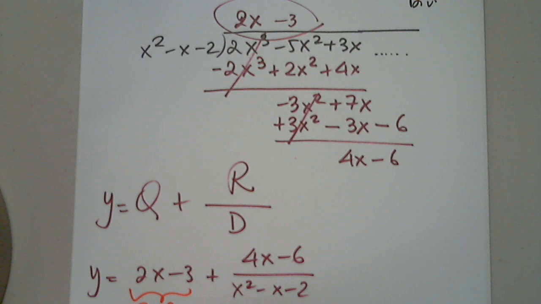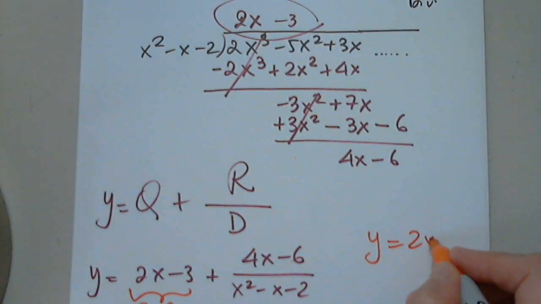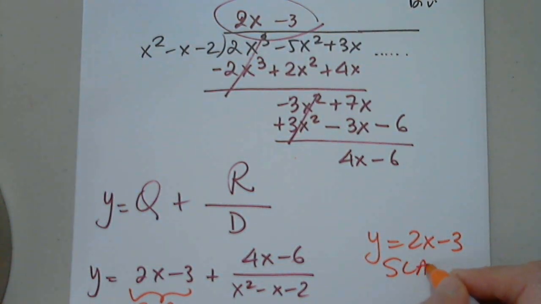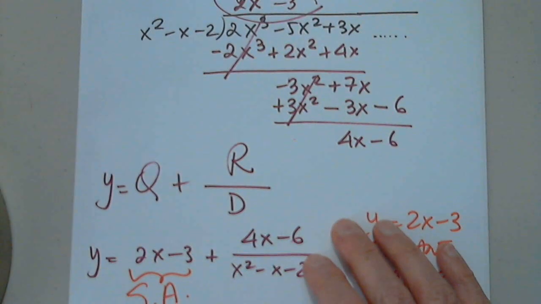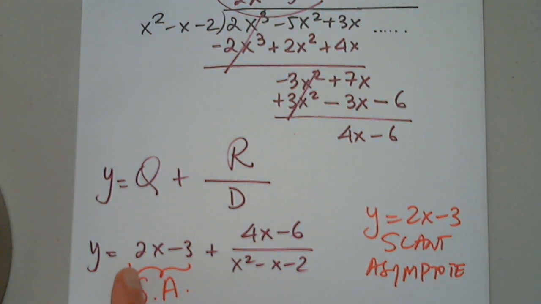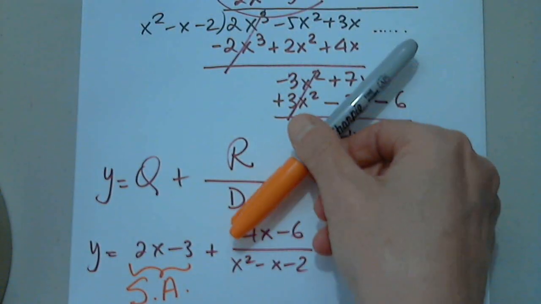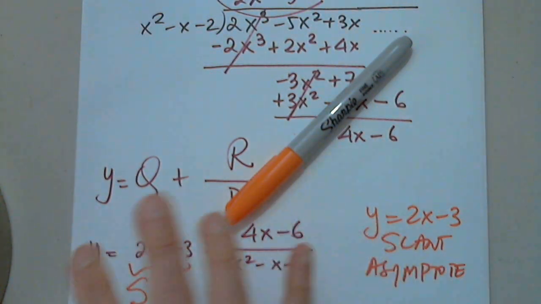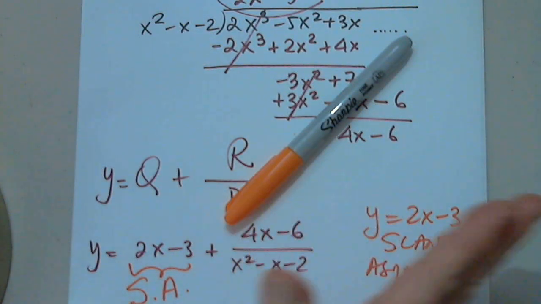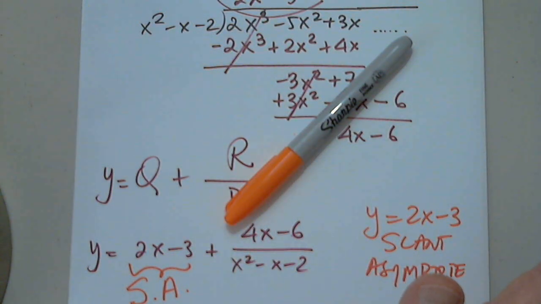Y equals 2x minus 3 is the slant asymptote. Since the slant asymptote has a positive slope, the limit of the function at positive infinity will be what?